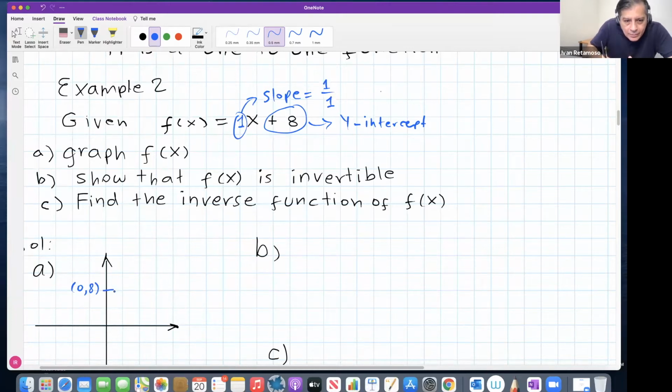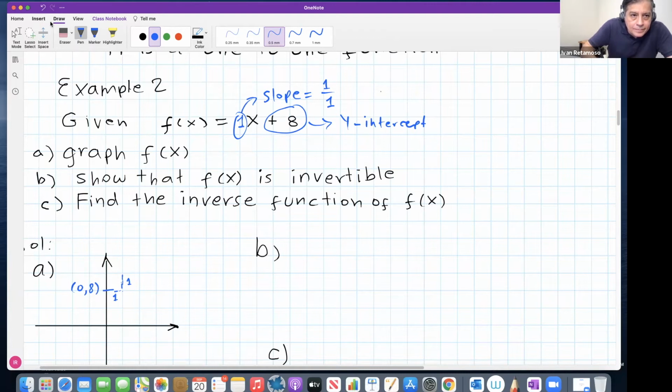You go 1 to the right, 1 up. You look at the scale, so it's gonna give you a line there. Taking a different scale for the x-axis and the y-axis, but more or less it should give you something like this, a line.